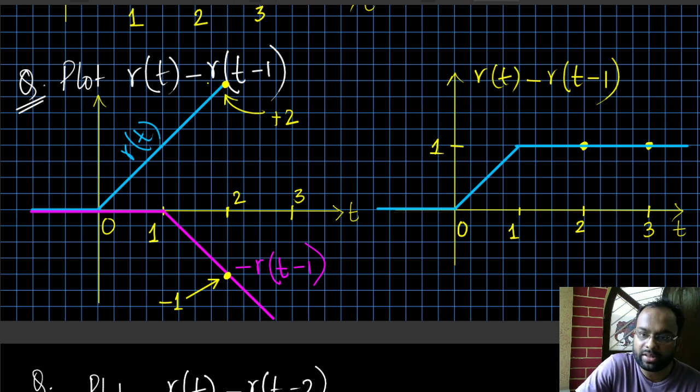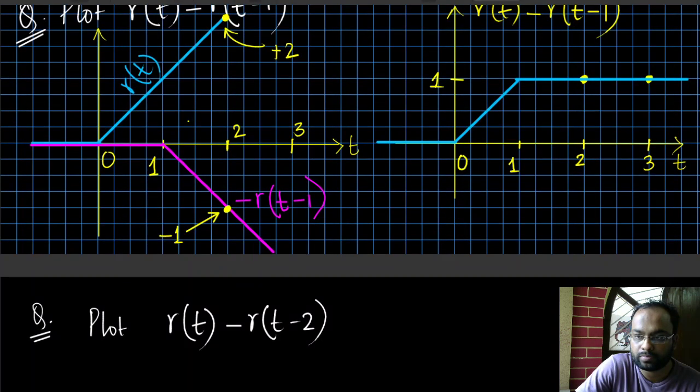Right. So can I proceed from this? No. Slope of 1 till t equal to 1. And after that, slope is 0. Right? Because we are encountering a minus 1 slope at t equal to 1.